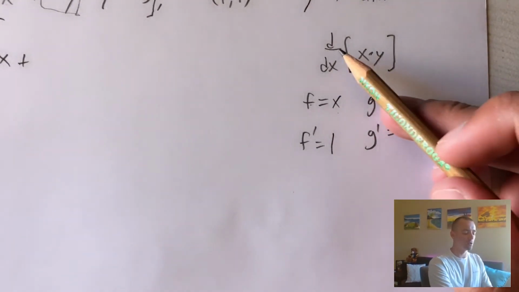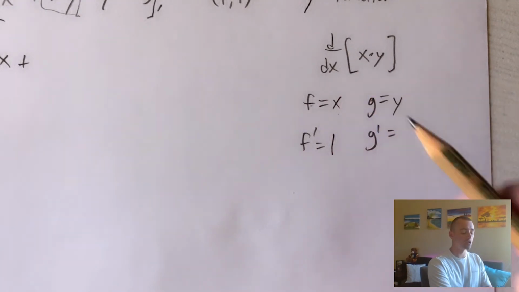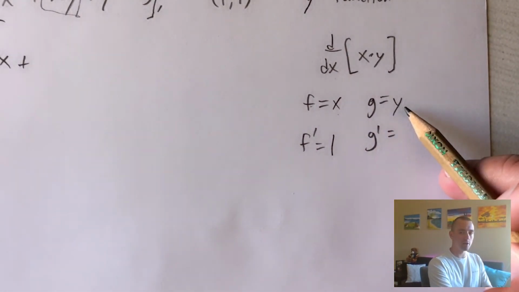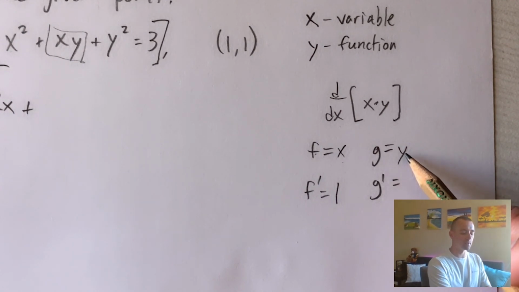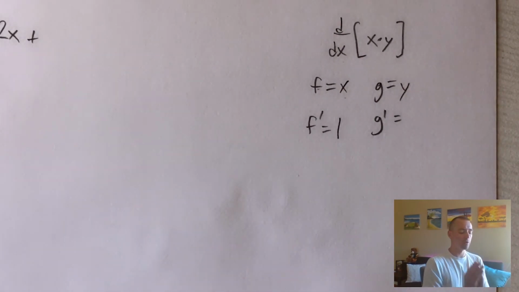But when you're taking the derivative with respect to x of the letter that you decided is your function, in this case y, it's not going to work the way you expect. The derivative of y is not just 1, because it's not a variable, it's a function. So what you have to keep in mind is that you're not really going to know the derivative of your function. And that seems weird, I know.